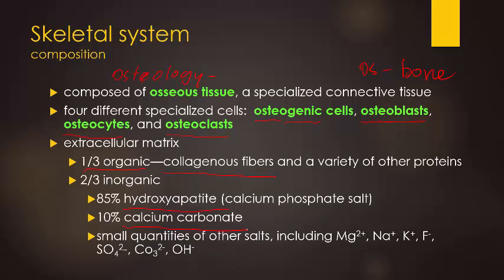And then there are some other salts that include the minerals magnesium, sodium, potassium, and fluorine, and the sulfate ion, the carbonate ion, and the hydroxide ion. That should actually be a capital O on the carbonate. So there are lots of other salts as well that include these ions.